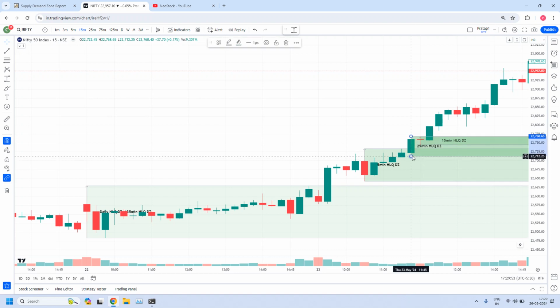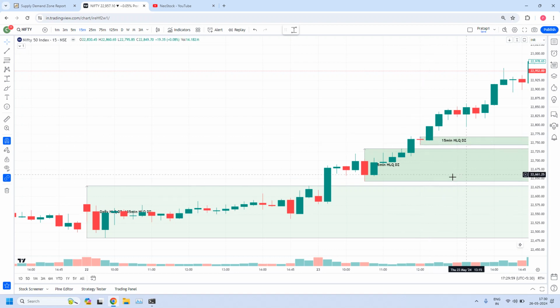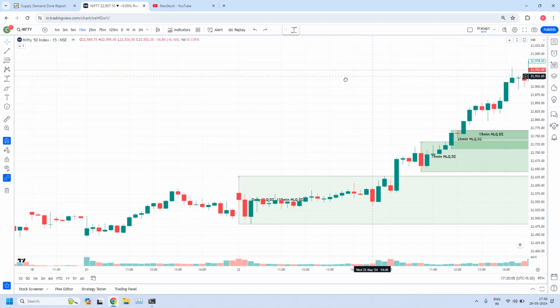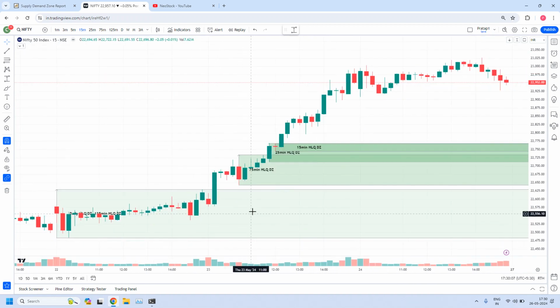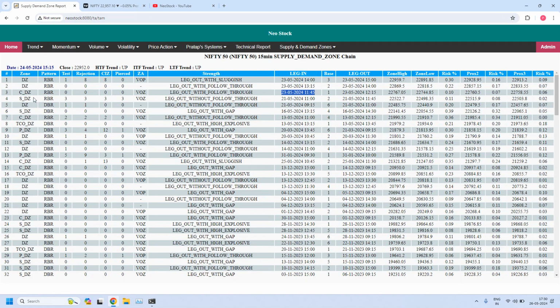In case I delete the 25 minute zone, the structure looks like this, just above 15 minutes. Anyway, let me add the 25 minutes as well. Okay, now we have drawn the zones up to 25 minutes and 15 minutes, but are any more 15 minutes zones available?